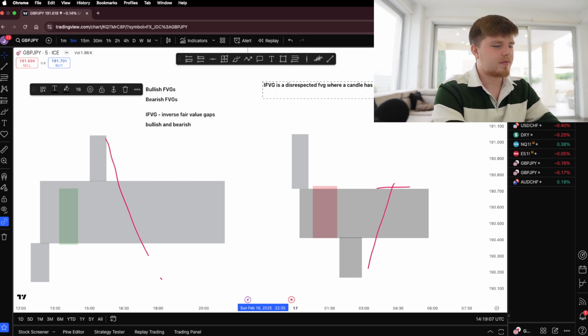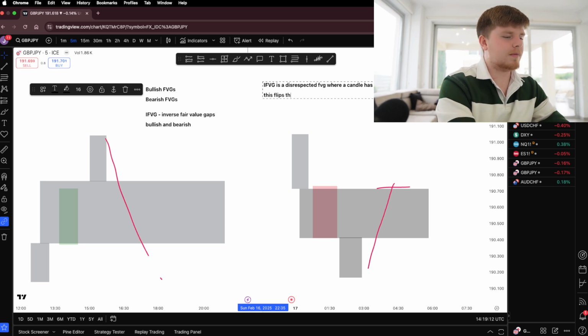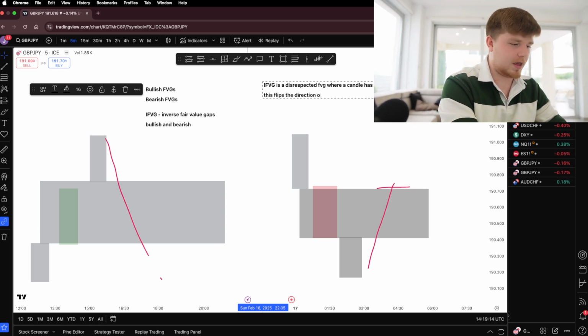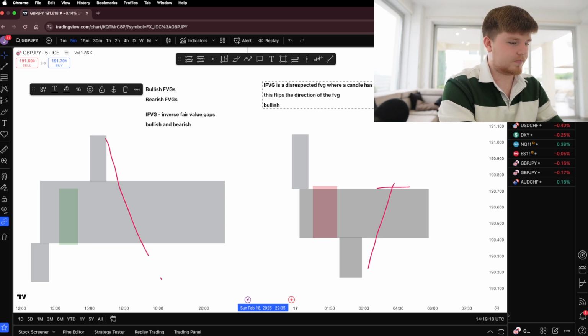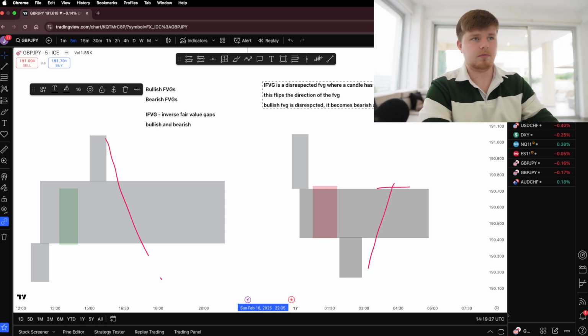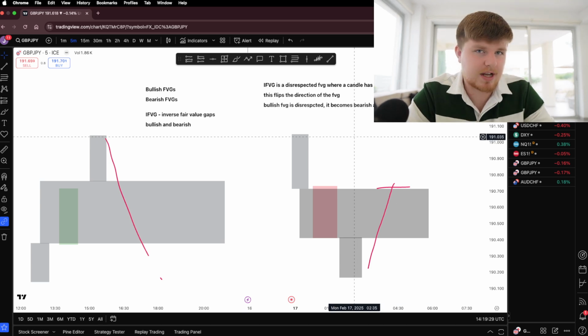Okay, this inverses the direction, so it flips the direction. This flips the direction that we want to trade the fair value gap in. So if a bullish fair value gap is disrespected, it becomes bearish, and vice versa. If a bearish fair value gap is disrespected, it becomes bullish, okay? That's all you need to understand about fair value gaps right now.